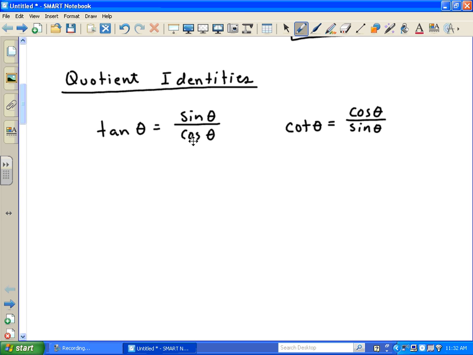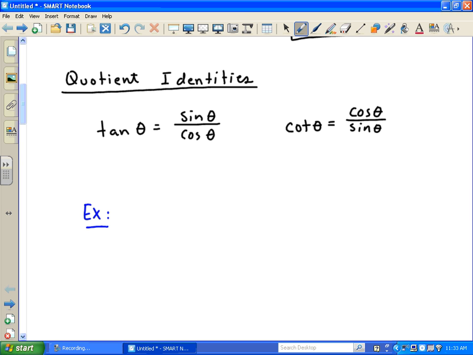You could derive this identity by plugging in the x, y, and r values for sine and cosine, and they would result in the ratio of y over x, which is equal to tangent. Now, you know that tangent and cotangent are reciprocals of each other. And so certainly, if tangent is equal to sine over cosine, then cotangent is the reciprocal of that, cosine over sine.